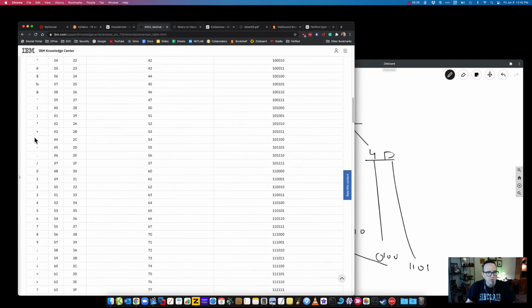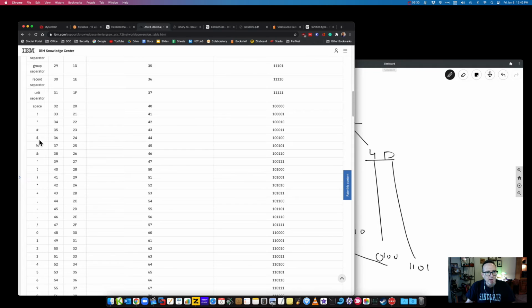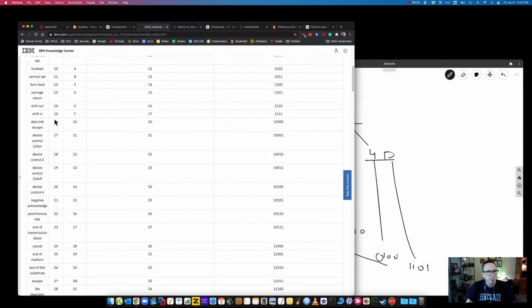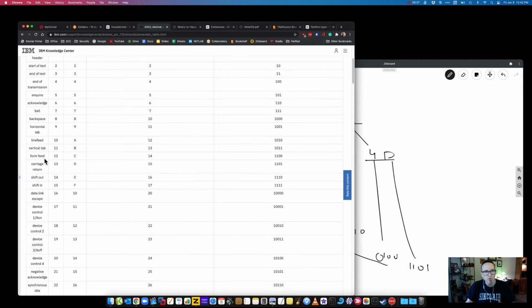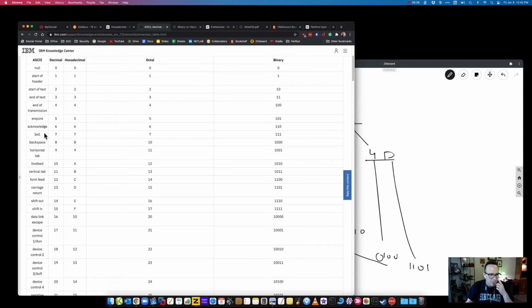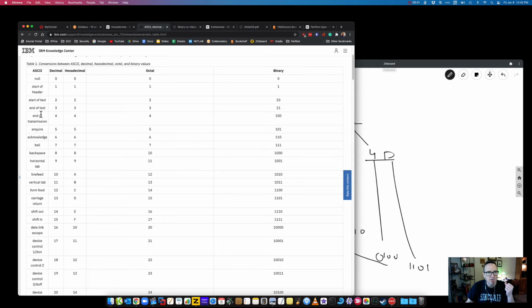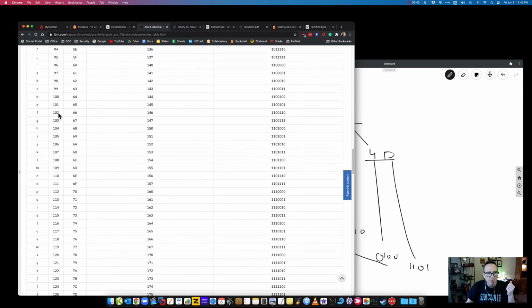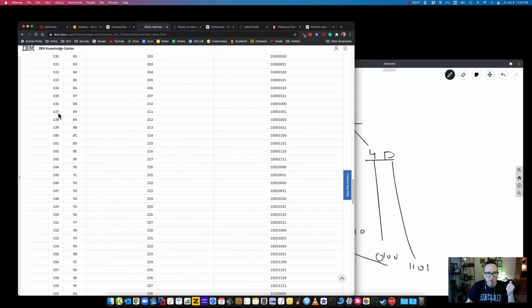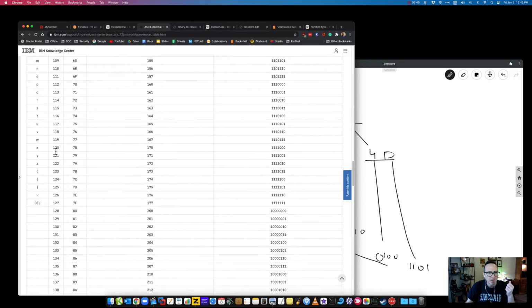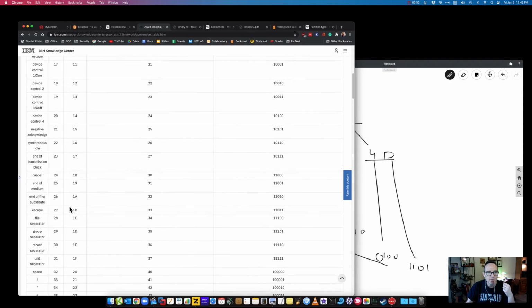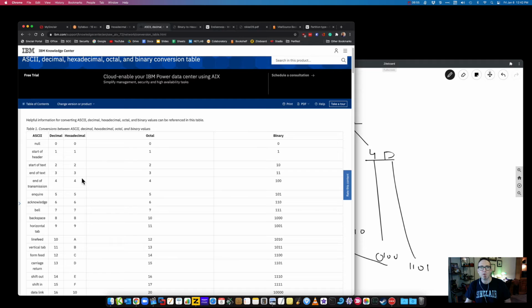We have special characters, spaces, end of file markers, carriage returns, form feeds, backspaces, bells. There's tons of stuff here. So basically, for all the normal character sets we have represented, even delete, we have some form of hexadecimal for that.